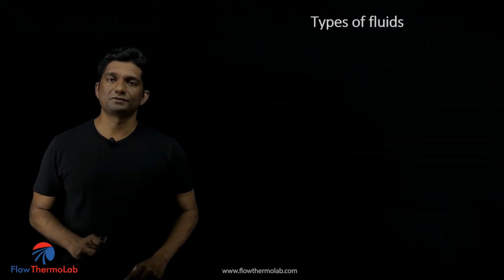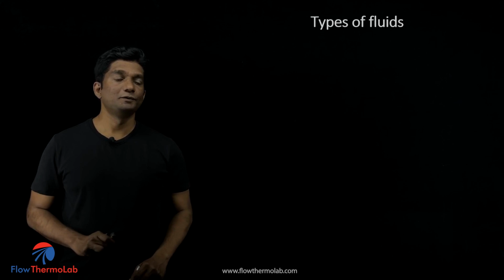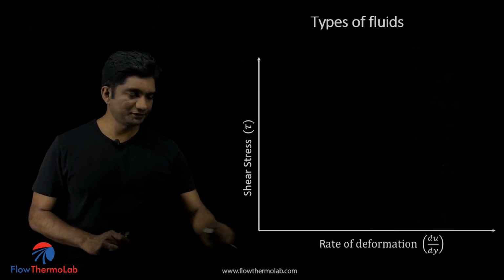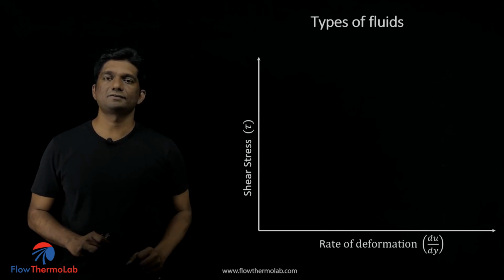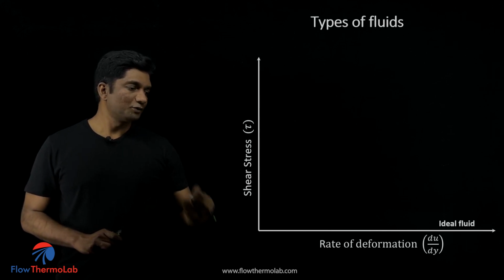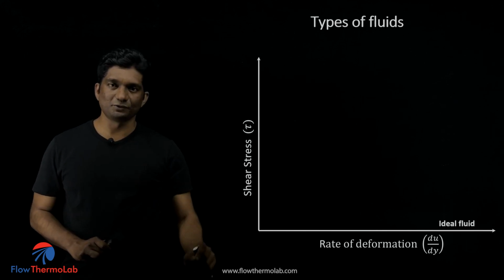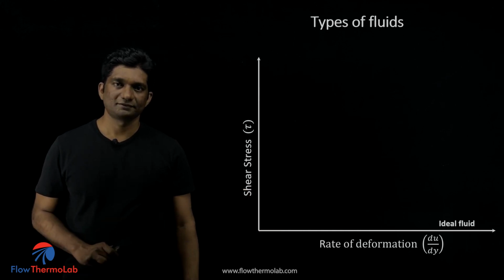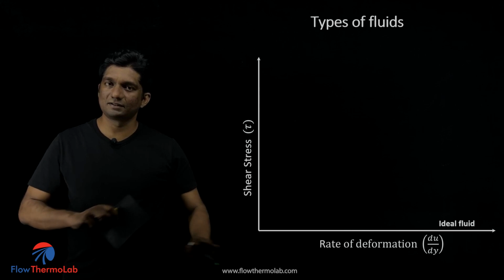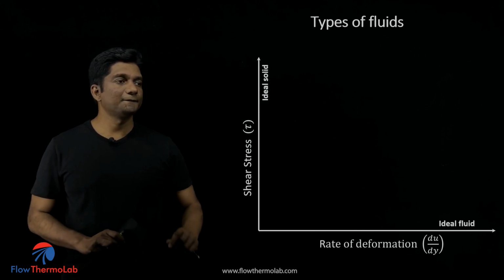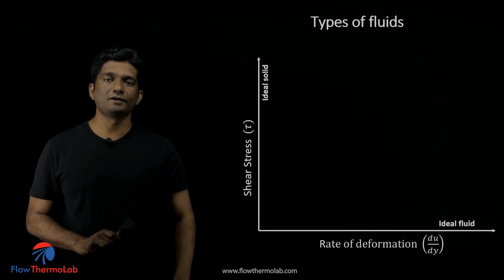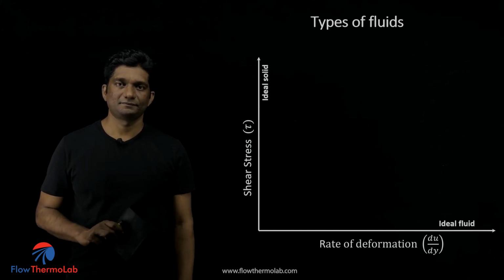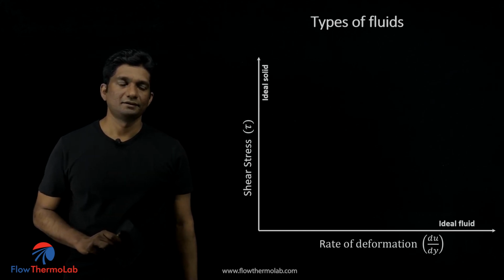Based on Newton's law of viscosity, we can classify fluids into different types. For that, let us plot rate of deformation on the x-axis and the shear stress on the y-axis. Okay, so if tau is 0, that means only on the x-axis, this is the ideal fluid. There is no fluid like that. In the same way, if you are considering only the y-axis, it's an ideal solid, and there is no solid like that.